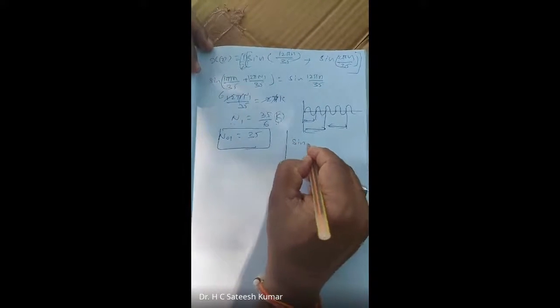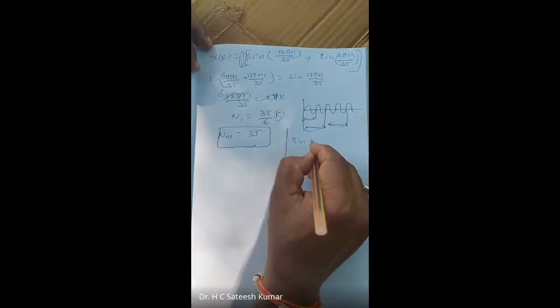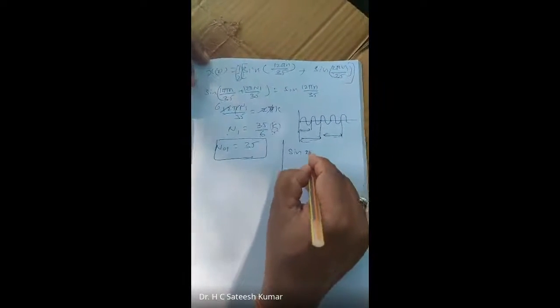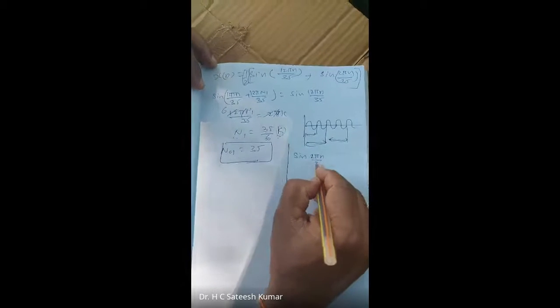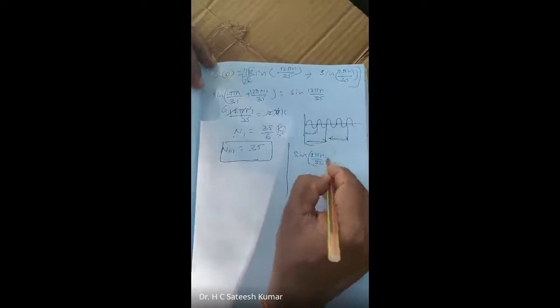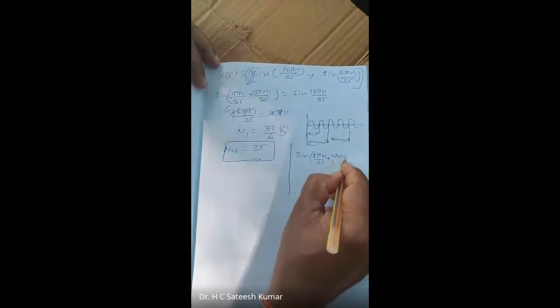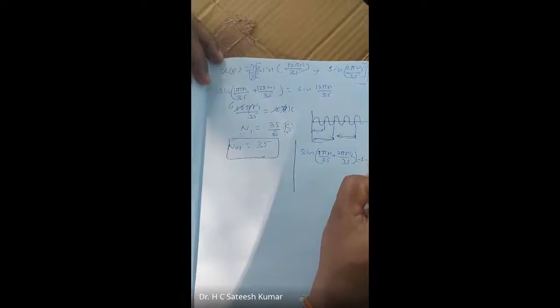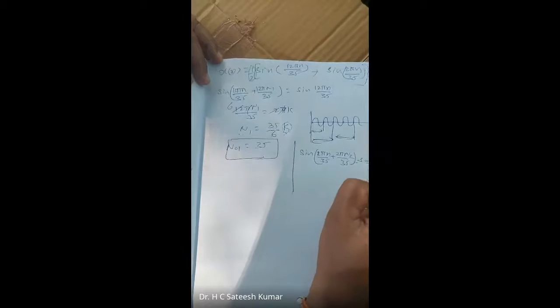Sine of, what is this one? Second term, 2 pi n divided by 35. Plus 2 pi n2 divided by 35 is equal to sine of 2 pi n by 35.